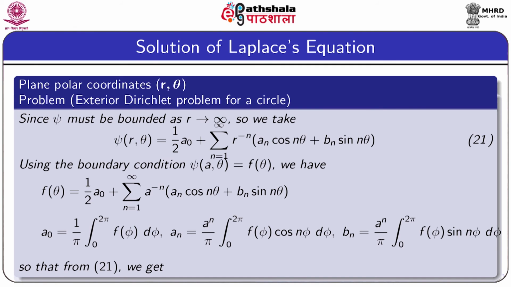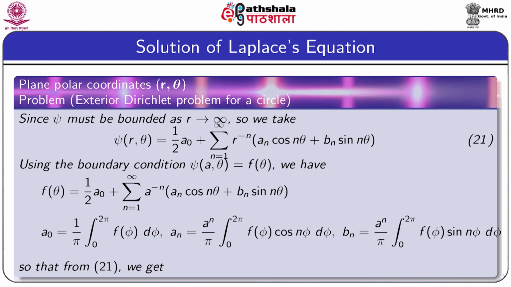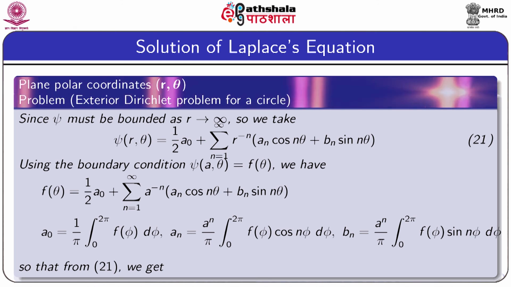Now, there is a difference between an interior Dirichlet problem and an exterior Dirichlet problem. In case of the exterior Dirichlet problem, we have to drop the term r to the power n because that term is not bounded as r going to infinity. So, the solution is of the form which is written in equation number 20, and in the solution you can see that the term r to the power minus n is present because this term is bounded as r going to infinity.